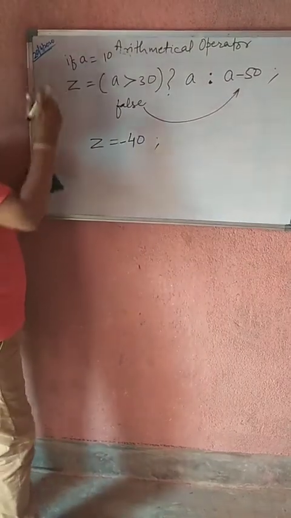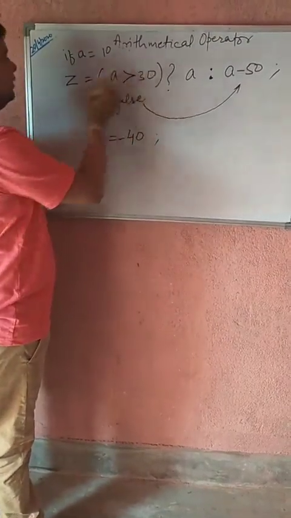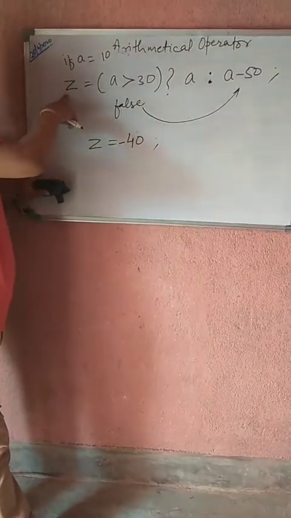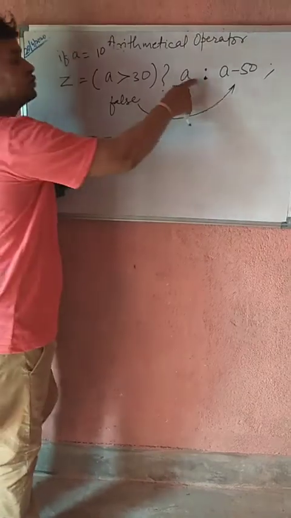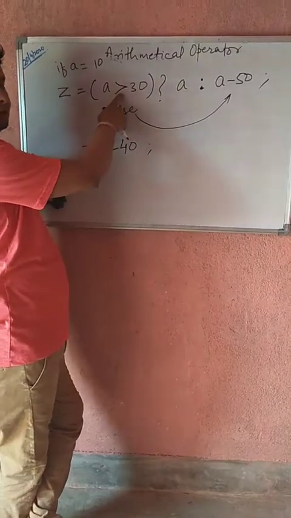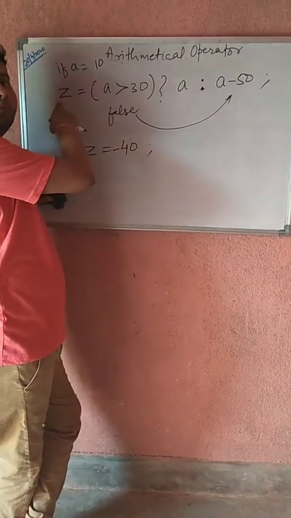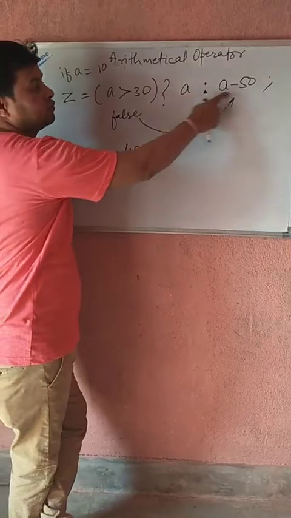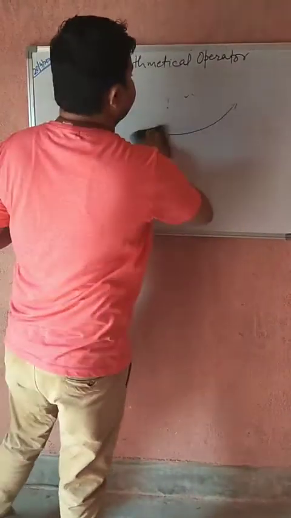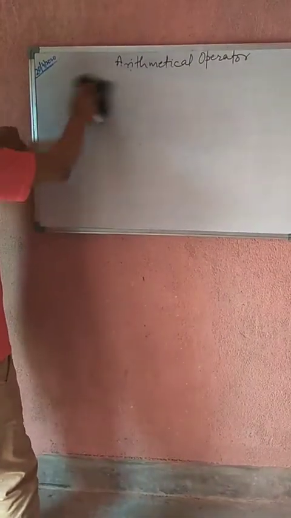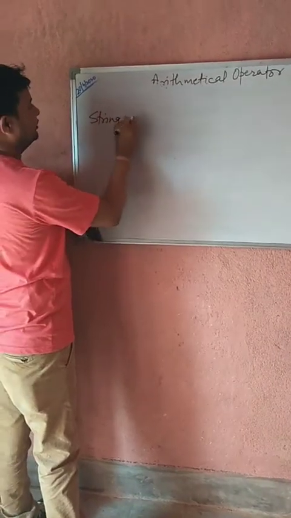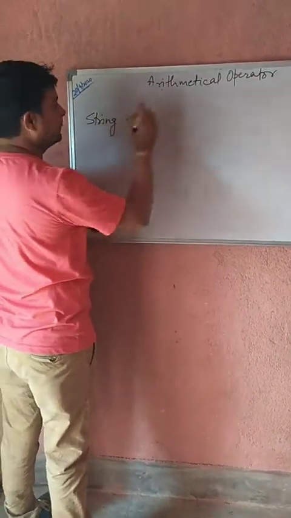Okay. So this is the ternary operator. If we are using characters here, then this variable will be a character variable and these will be characters. If we are using strings here, this storing variable will be a string and these will be strings. Let me show you how. String, suppose st I am writing.